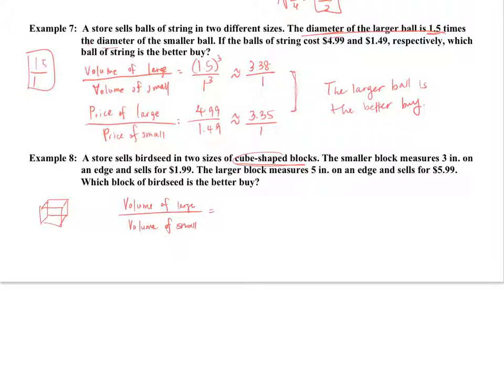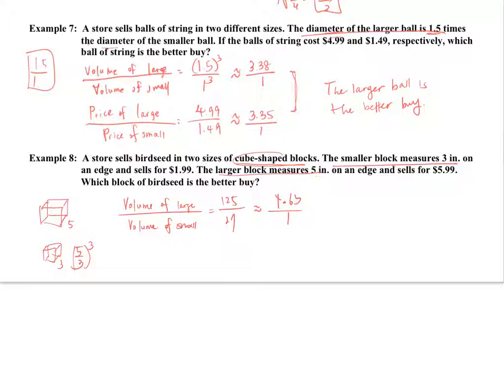So the ratio here, we have 5 for the large one and 3 for the smaller one. So that would be 5 to 3. So we have to cube this. That's 125 to 27. And then after simplifying this, it will be 4.63 to 1.